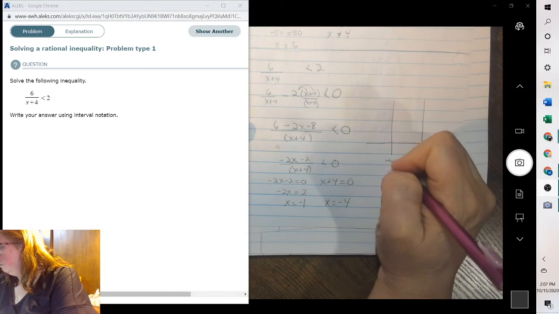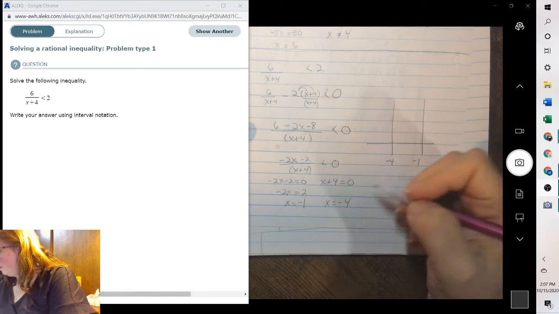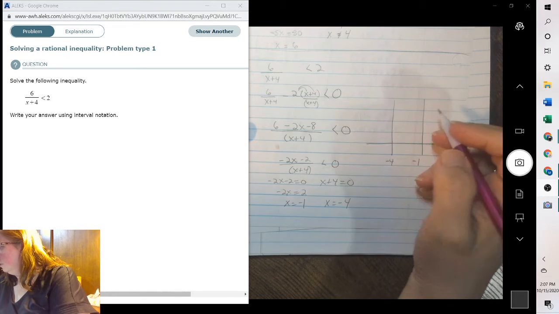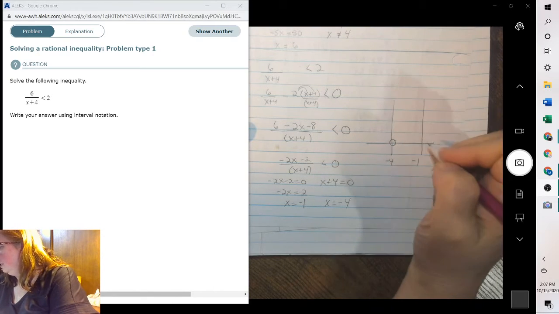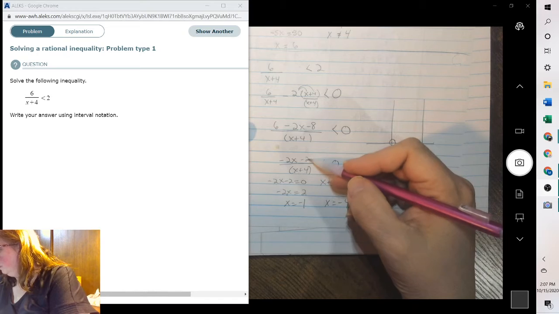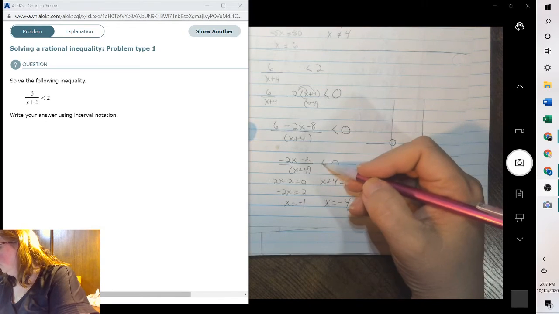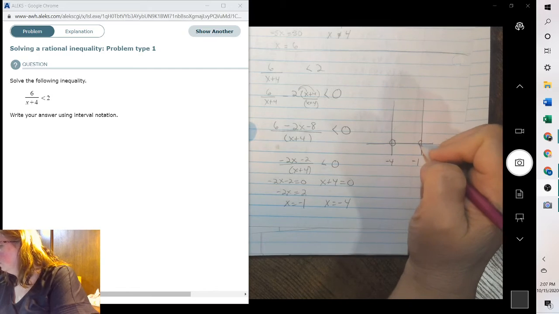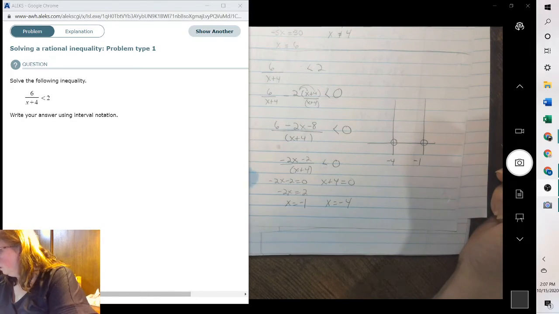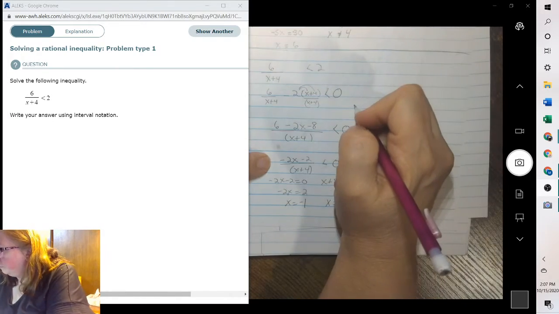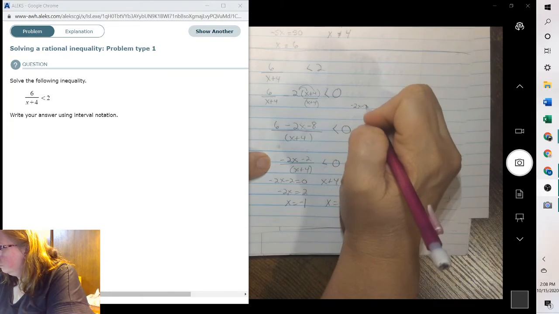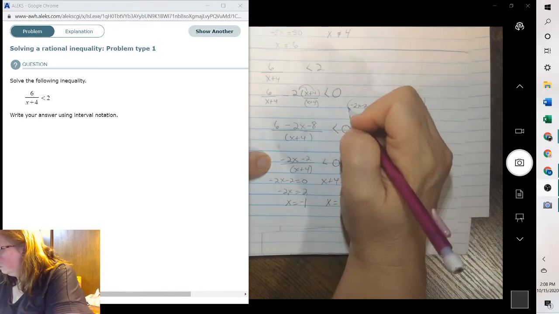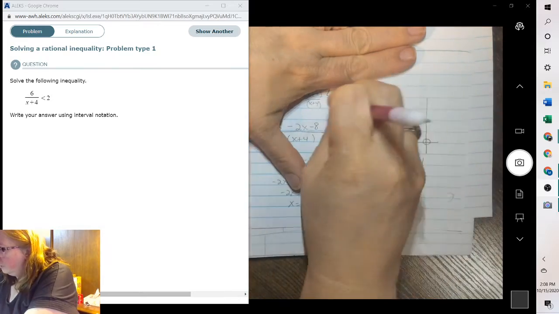So negative 4, negative 1. Negative 4 came from the denominator, so that definitely cannot equal 0. But the top one will not equal 0 either because the equal to is not there, it's only less than. So they're both open circles. And we need to test. Make that a little bigger.